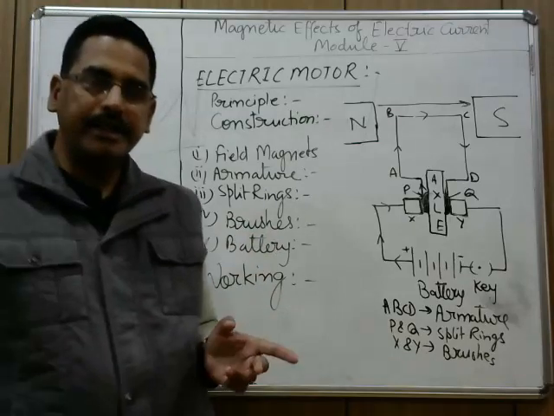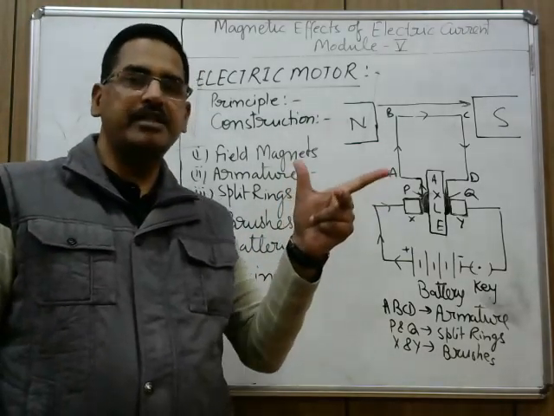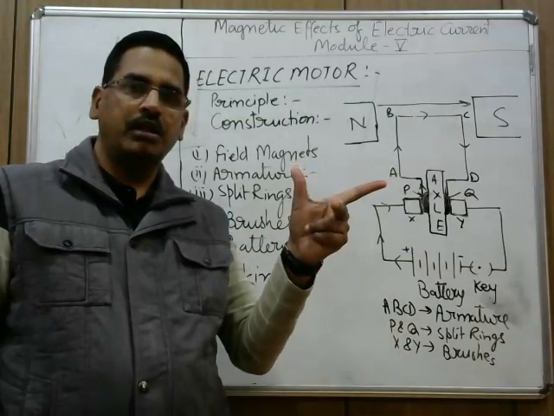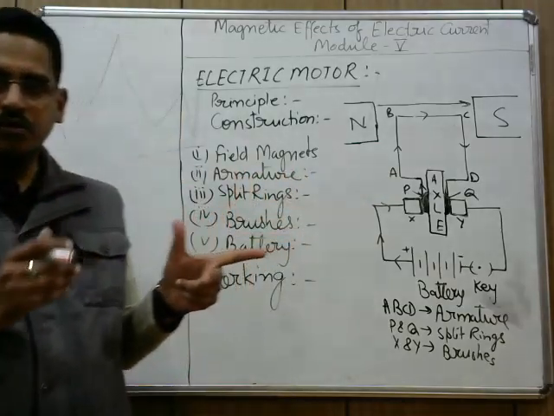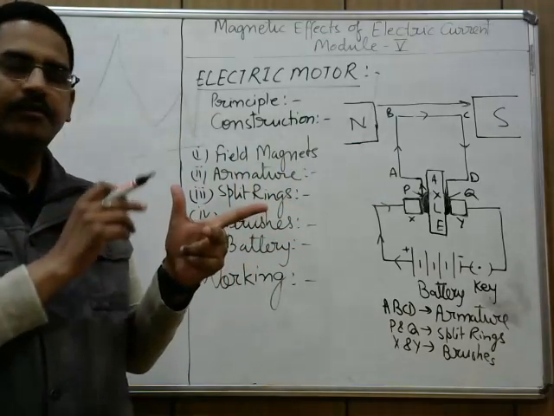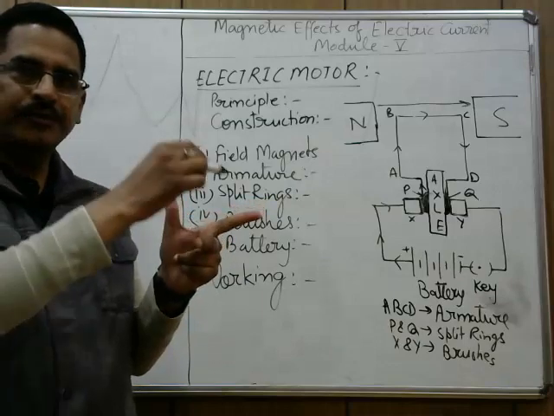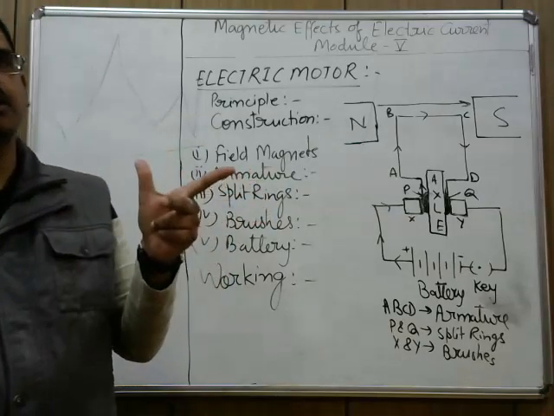To determine the direction of force, we will make use of Fleming's left hand rule. To apply it, I will stretch the thumb, forefinger and middle finger perpendicular to each other.